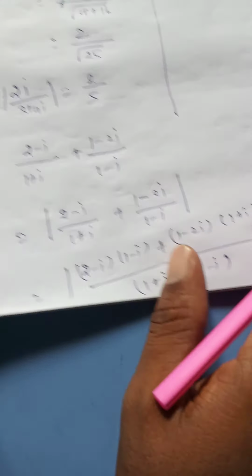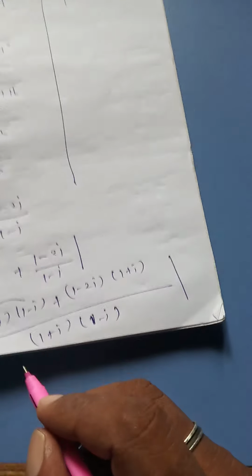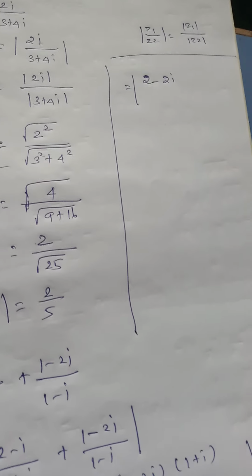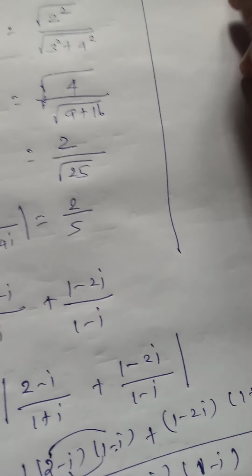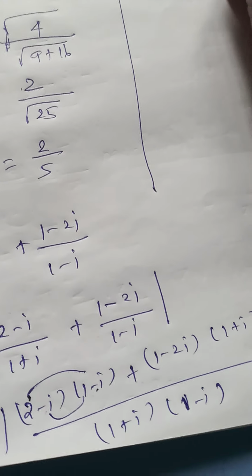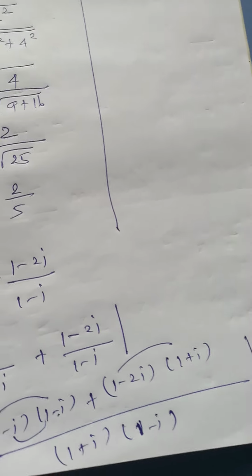Next the multiplication of the two complex numbers. 2 into 1 is 2. Next 2 into minus i is minus 2i. Next minus i into 2 terms: minus i into 1 is minus i, minus i into minus i is plus i squared. Then the next term: 1 into 1 is 1, 1 into plus i is plus i.